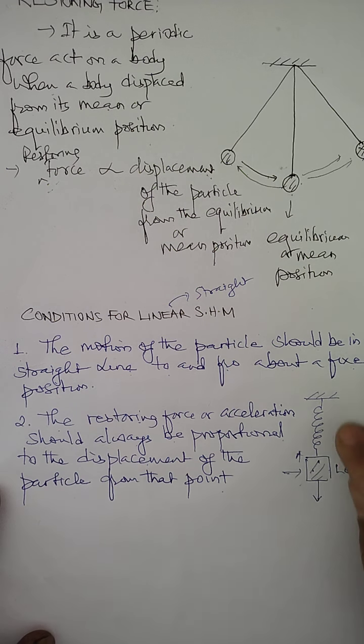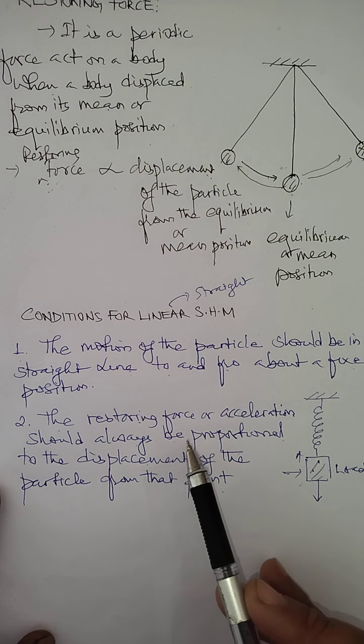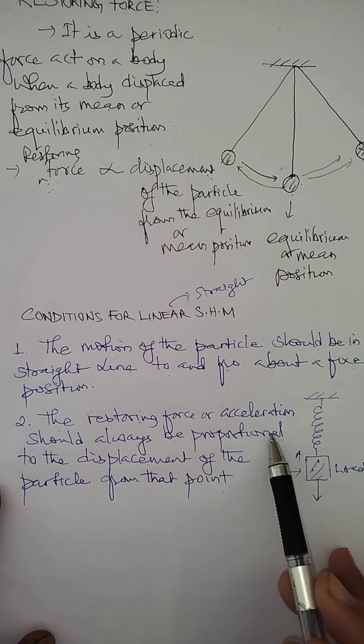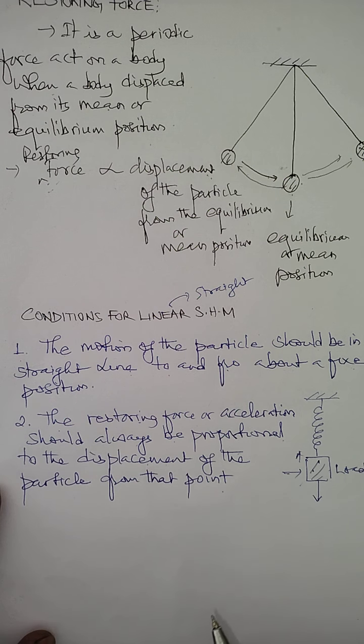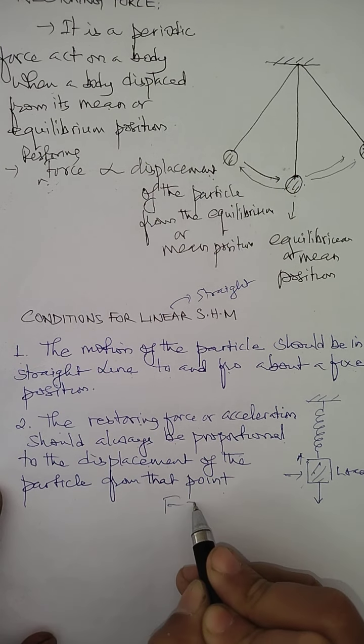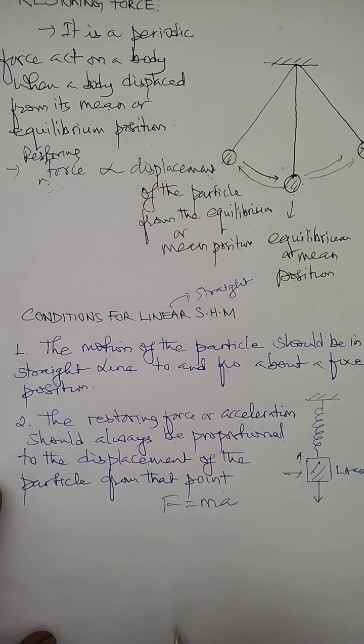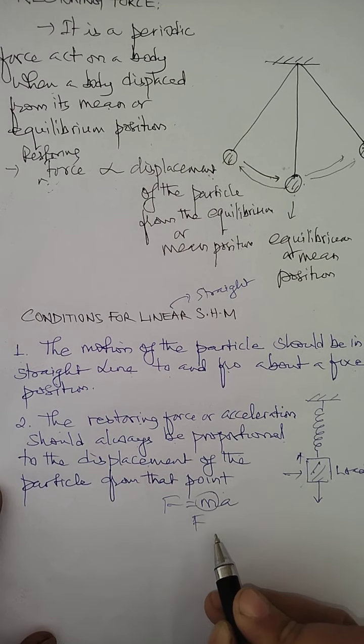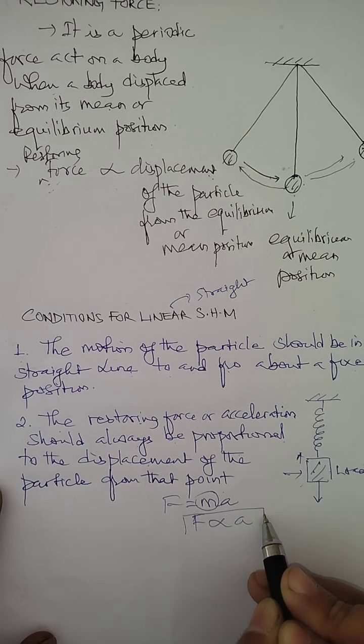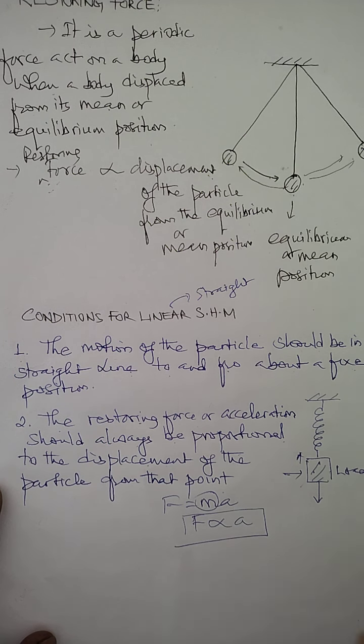The restoring force, the force which brings the body back to its equilibrium position, must be directly proportional to the displacement of the particle. When the force is proportional to the displacement, the acceleration is also proportional to the displacement, because force is measured as mass into acceleration, which means for a given mass, force and acceleration are directly proportional. If the force is directly proportional to displacement, the acceleration of the particle is also directly proportional to the displacement. So this is number two condition.